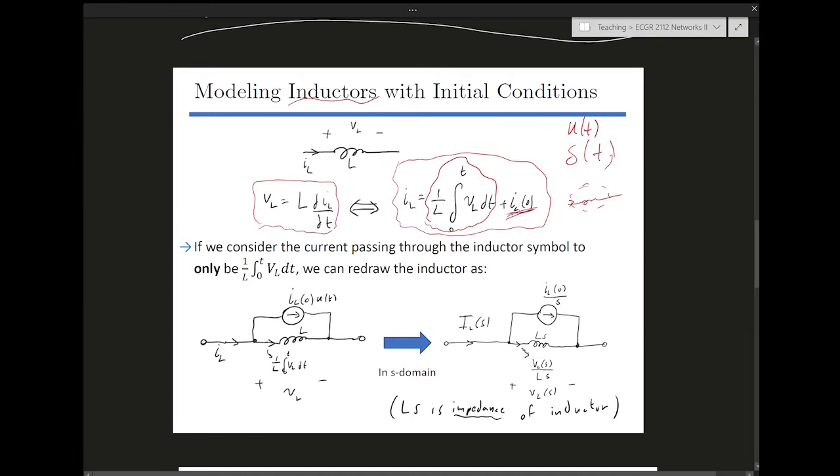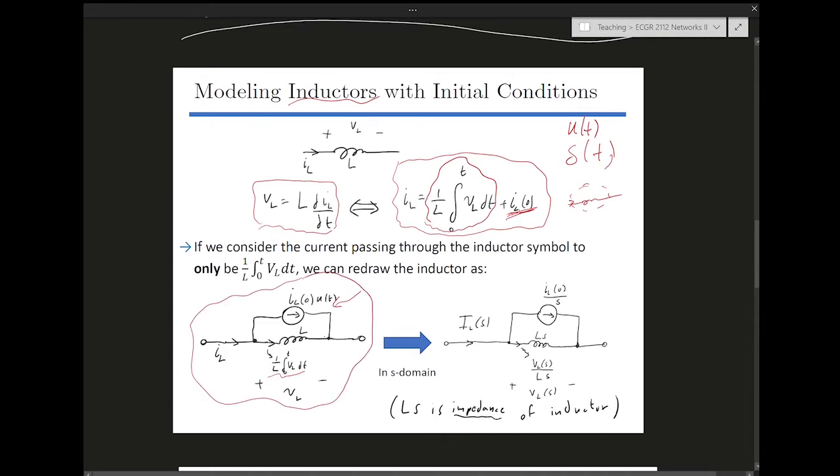How do we represent an extra current summed to another current? Well, when two currents are in parallel, they sum up, right? So this is how we sum the initial condition to the current going through the inductor symbol, which is just the integral. Okay, so this is what the model is going to look like.